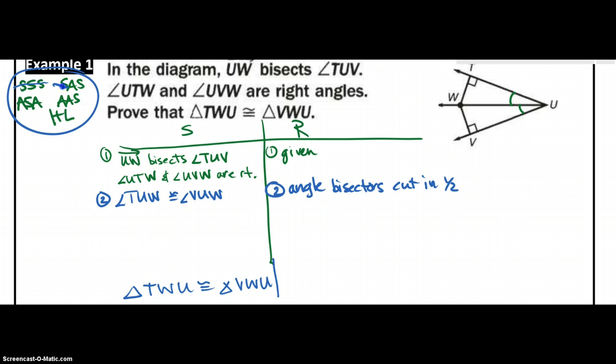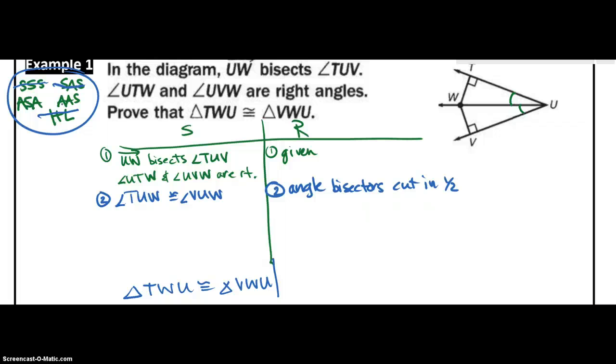We're not going to use side, angle, side. And we're not going to use hypotenuse, leg because none of those have 2 angles. So now it's our job to see if we can get another side to use angle, side, angle, or angle, angle, side. Question? Answer? Okay, do you have the answer on what piece we can get next? Okay, what can we get congruent to?